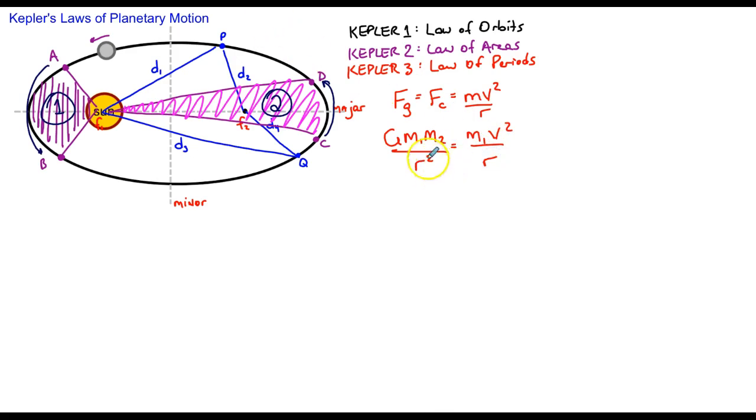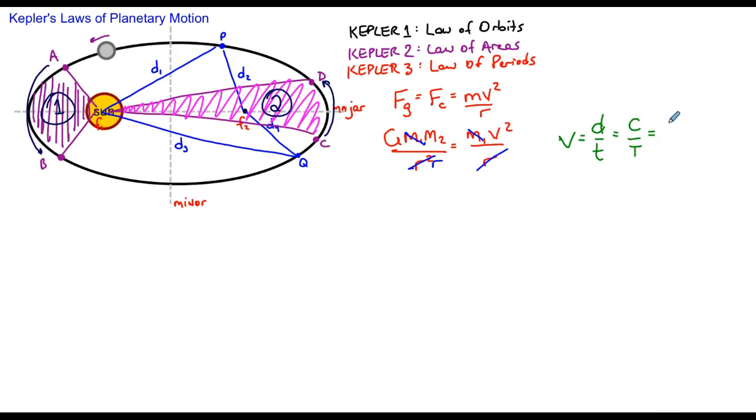Immediately I can see there are some things that I can do. The mass 1's go away. One of the r's on the left, so I have one r there, cancels the r on the right. And now I have v squared on the right. But since it's moving in a circular path, I can say that speed is equal to distance over time. But in this case, it's the circumference of a circle over the amount of time that it takes to complete that circle, or its period.